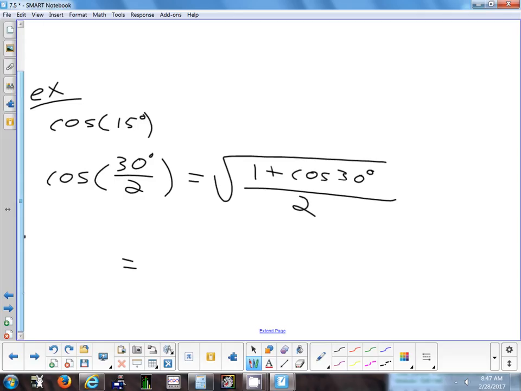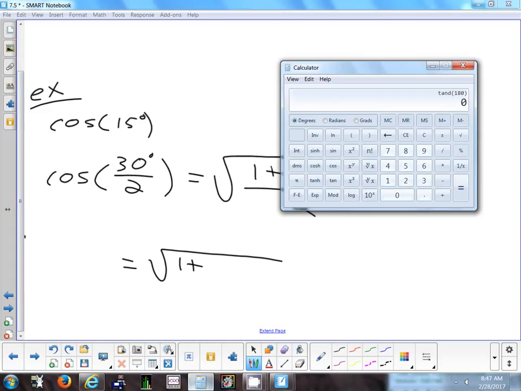Now, when we did this before, a lot of square root of 6s would come up, 4s in the denominator came up, things like that. So let's simplify it and see what happens. Okay, cosine of 30. What is 0.866 as a fraction?